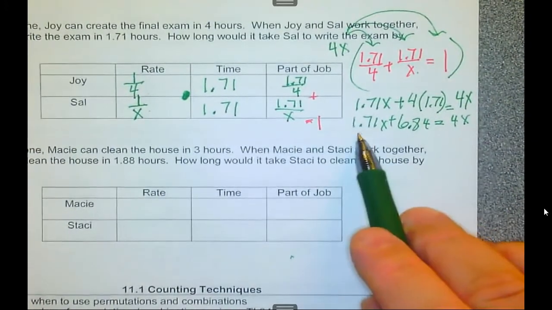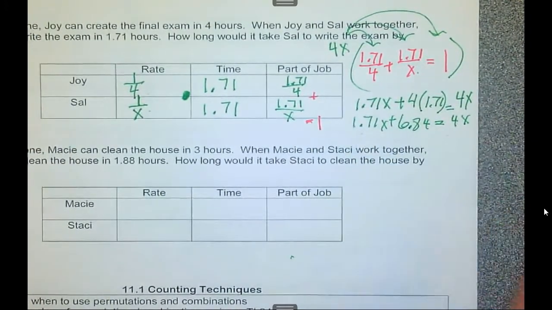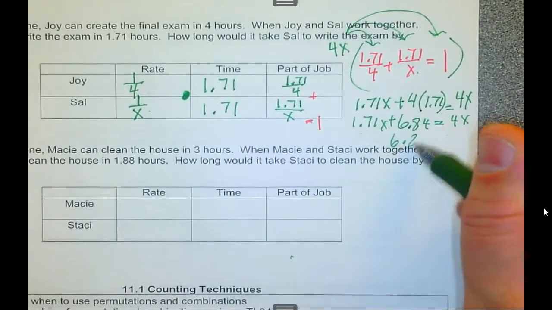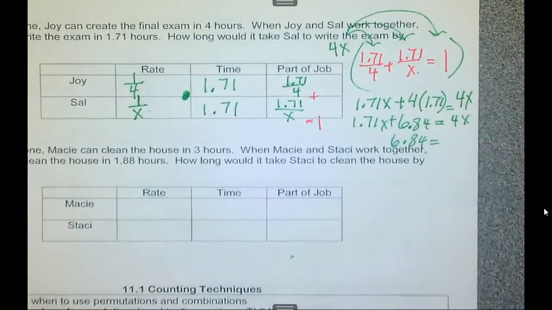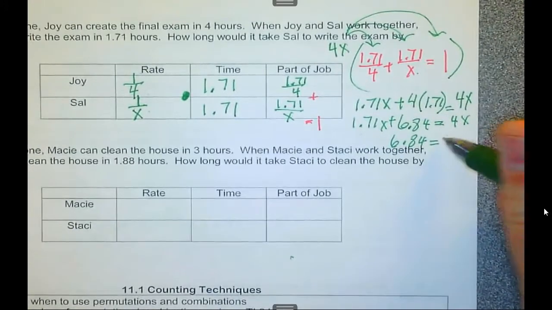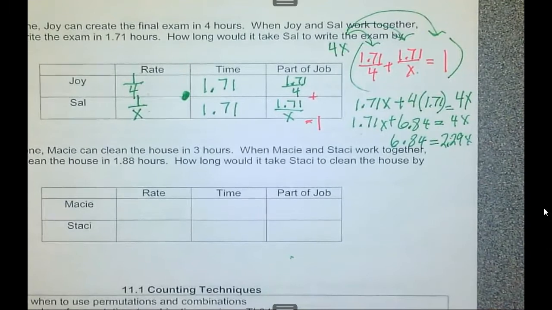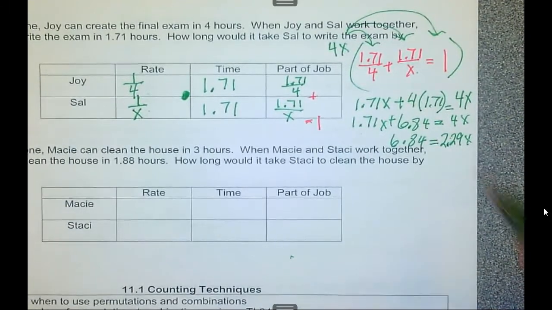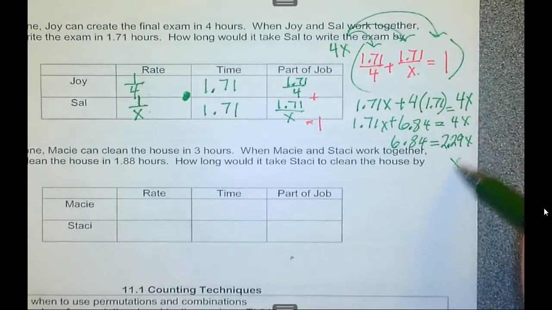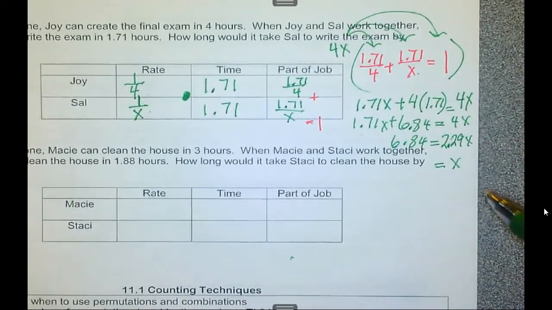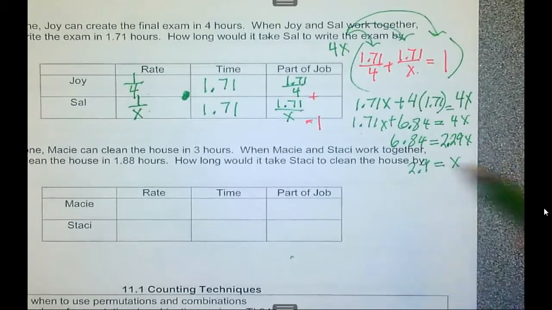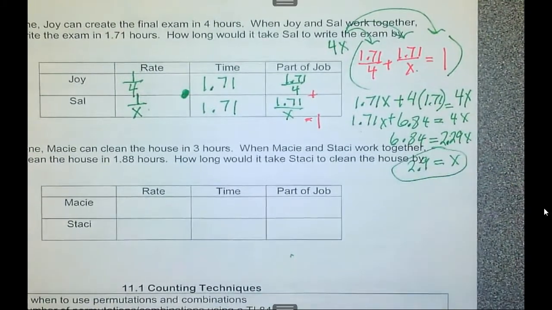Let's say I'm going to subtract 1.71 from both sides, so I get 6.84 equals 2.29. See, I told you. Divide both sides by 2.29. What does x equal? 2.9. So you can do it in about 3 hours.